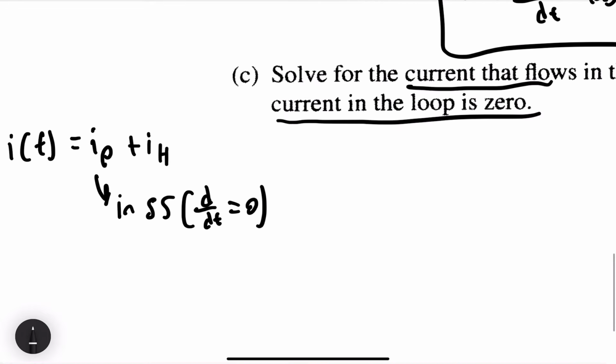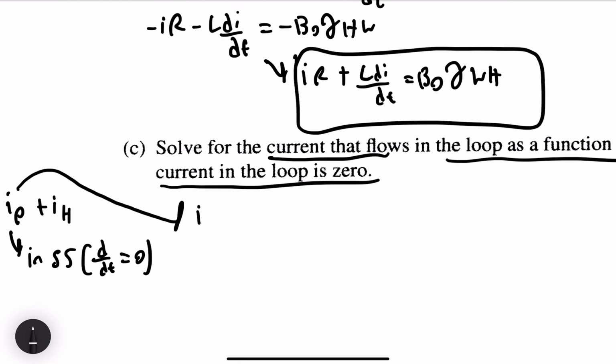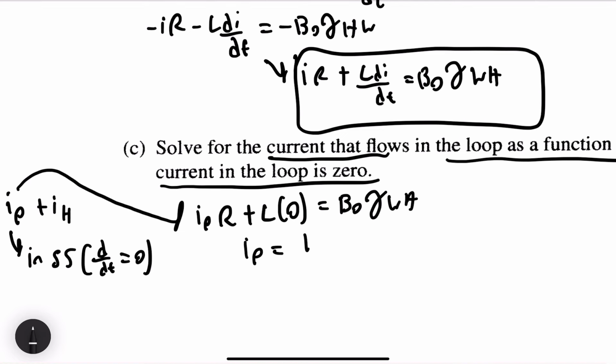Solving for I_P right now, I would get I_P times R plus L times the derivative, which in steady state is 0, equals B naught gamma WH. So the particular current will be B naught gamma WH divided by R.